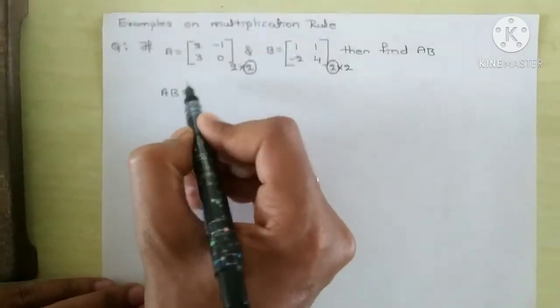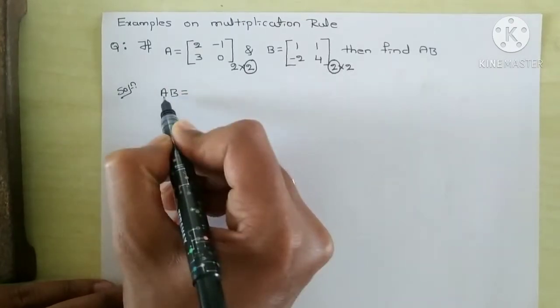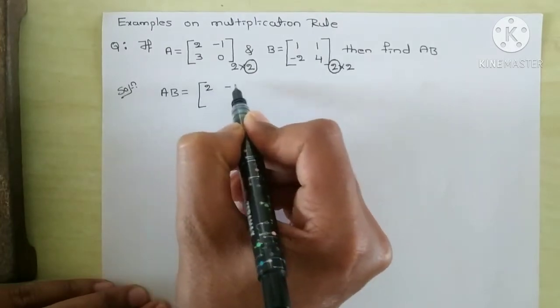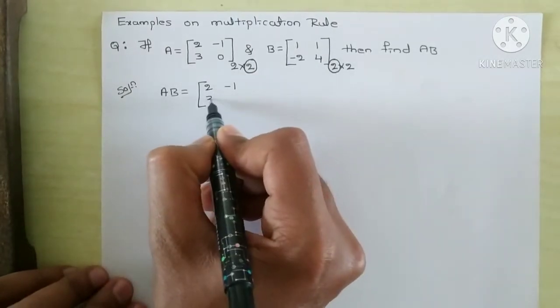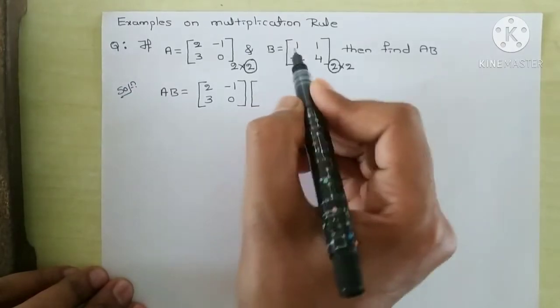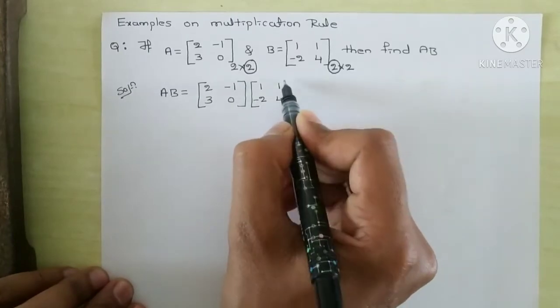So first, A into B solution. First, note down the A matrix: 2, -1 in the first row, 3, 0 in the second row, into 1, 1 in the first row, -2, 4 in the second row.